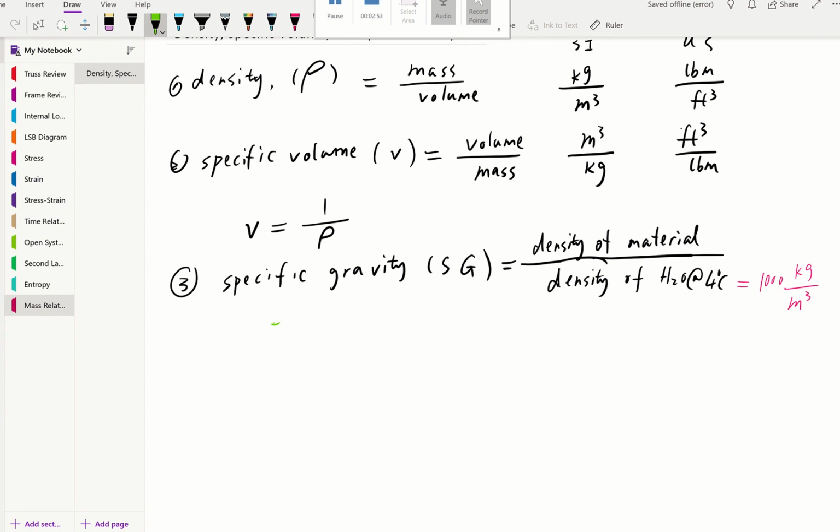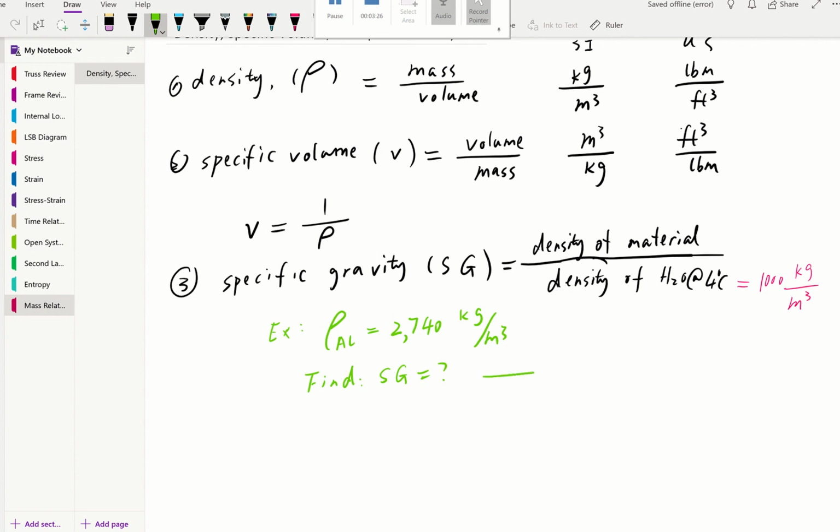we know, for example, the density of raw aluminum is 2740 kilograms per meter cubed. So can we find the SG, specific gravity? Specific gravity is the density of the material you're interested in over a known material, water density.